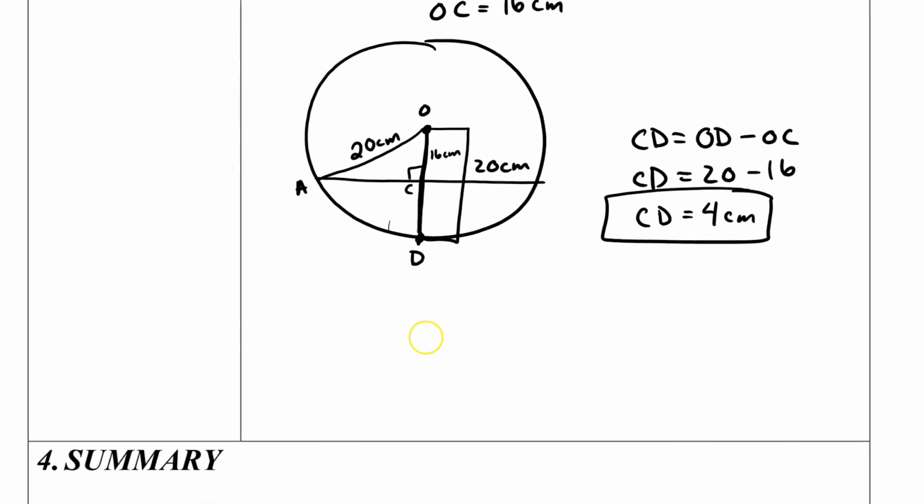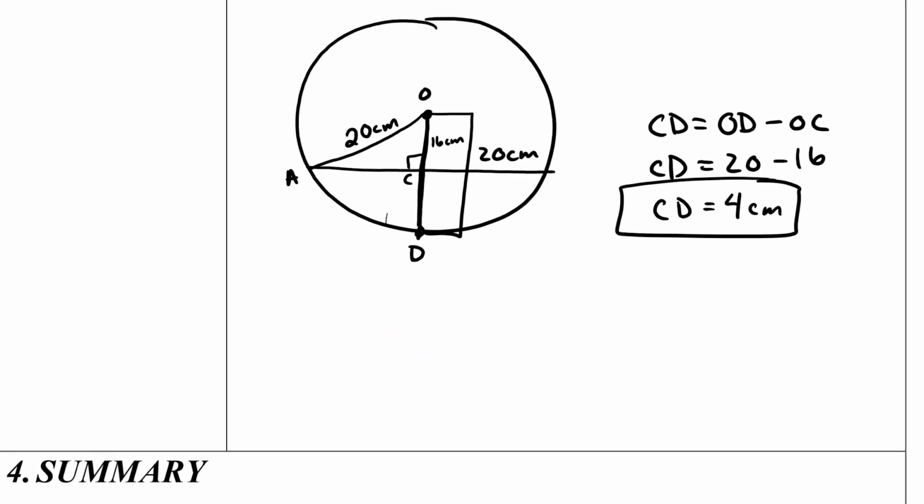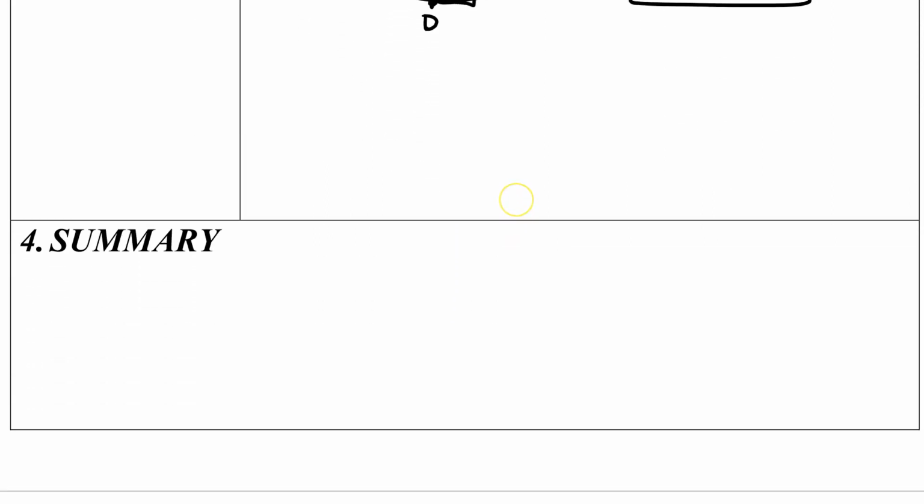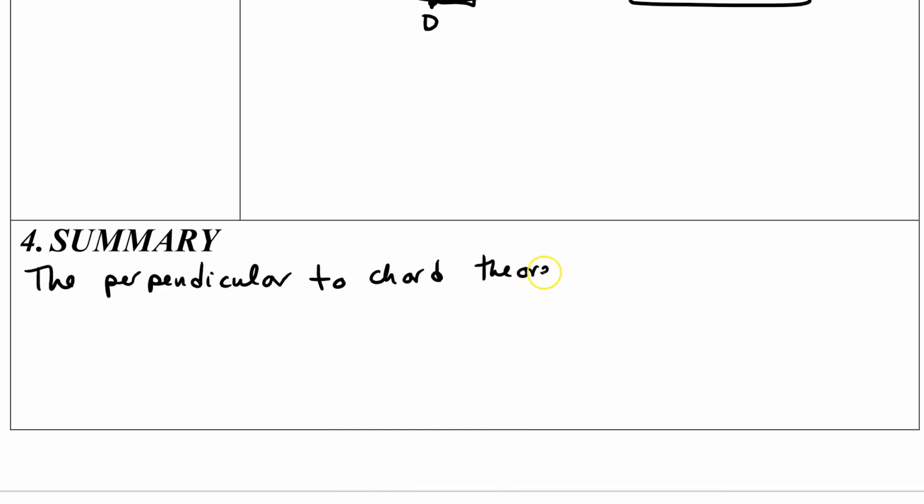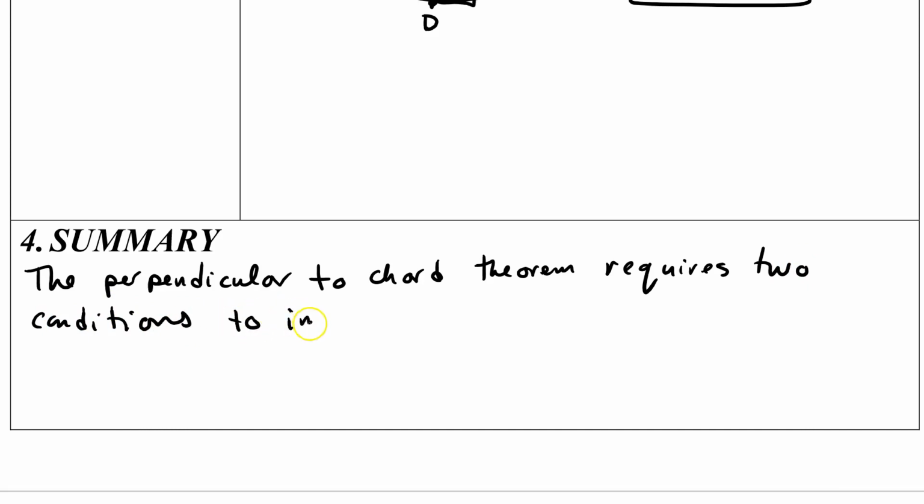So if you can develop some strategies, specifically knowing when to use your radius and knowing when to draw a new one, that's going to make these questions a lot easier. So let's write the summary here. The perpendicular to chord theorem requires two conditions to imply the third.